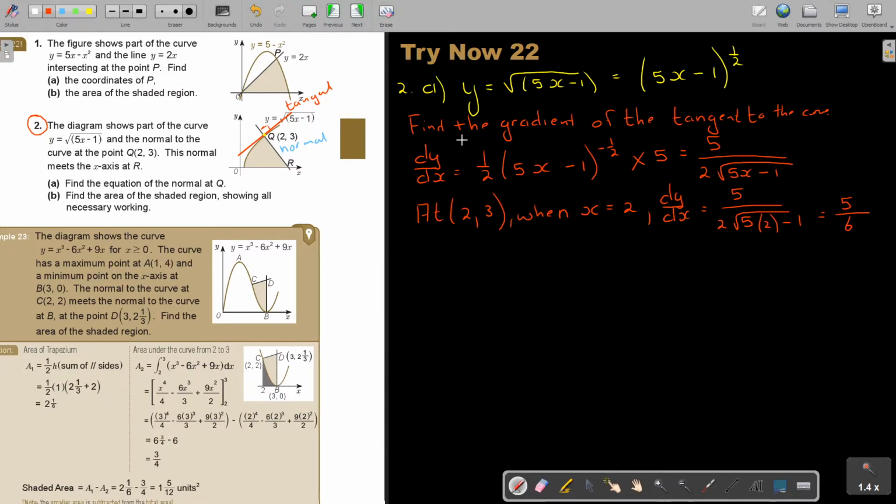But that is the gradient of the tangent. So, let's make it blue.